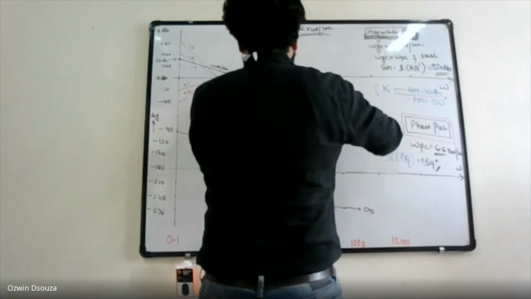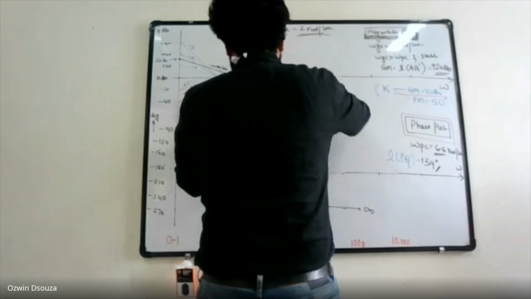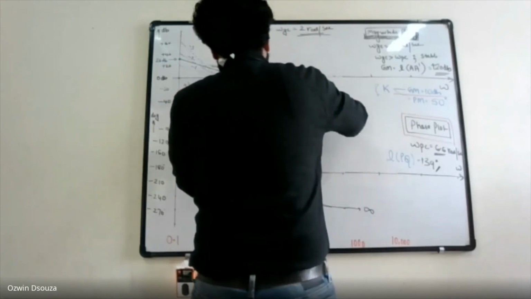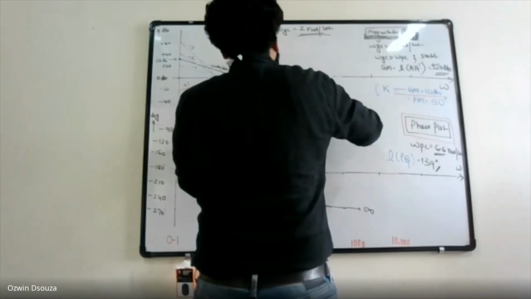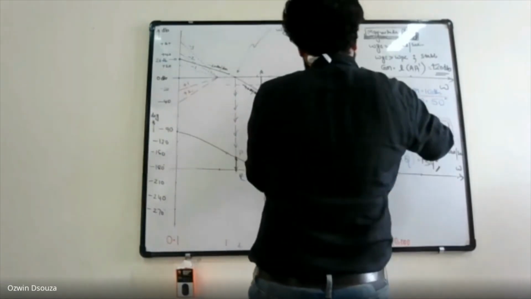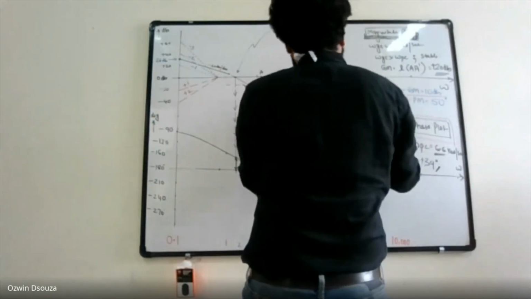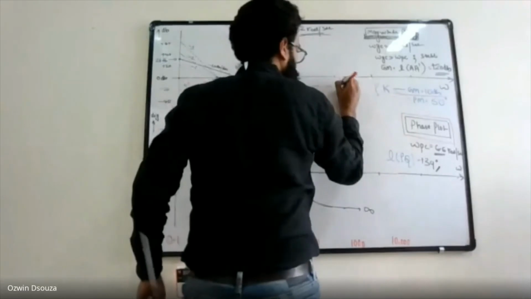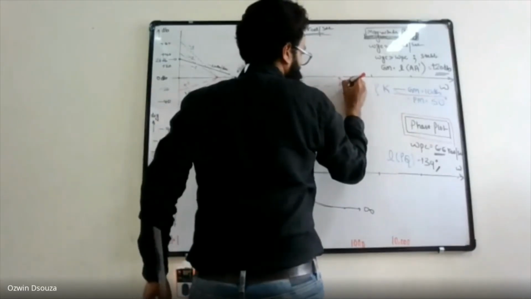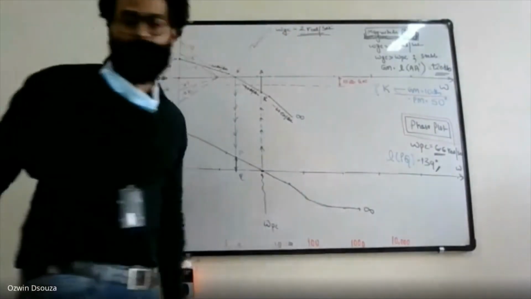Half is somewhere here, so you have to draw one reference line. Let me use red color line, and let me write here 10 dB gain margin.